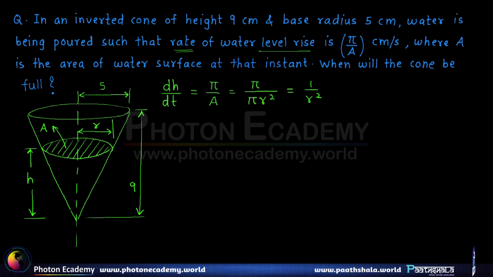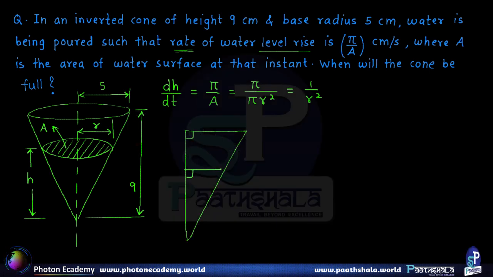For that, let us look at the given data. If you see, we are given the base radius and the total height, and at any instant if we visualize the vertical cross section of this particular cone, you will see that 5 is the total base radius and 9 is the total height.